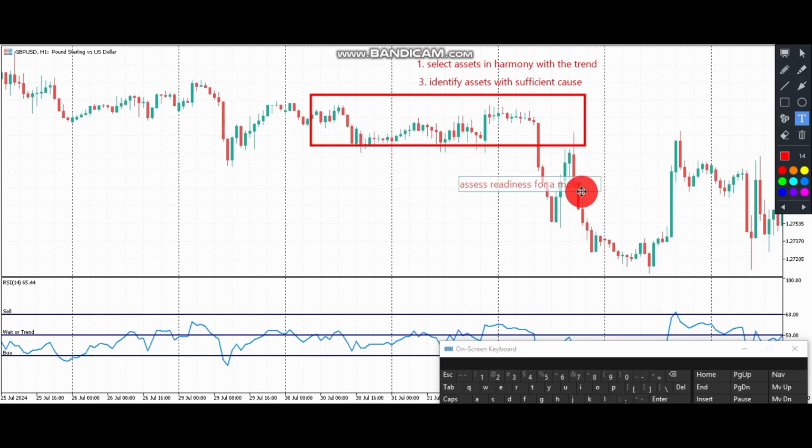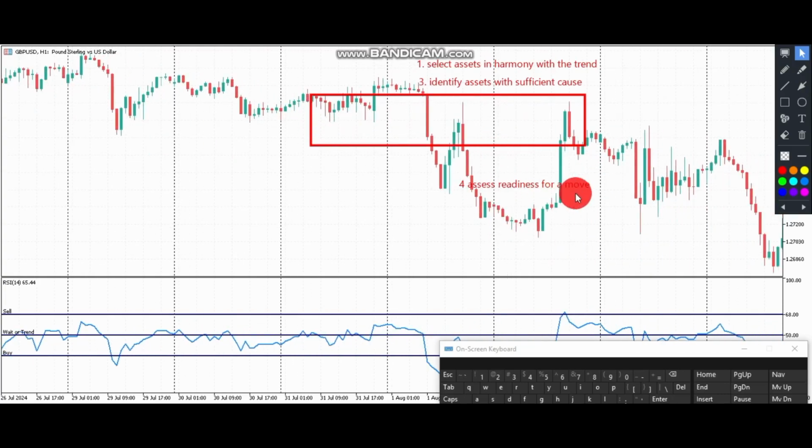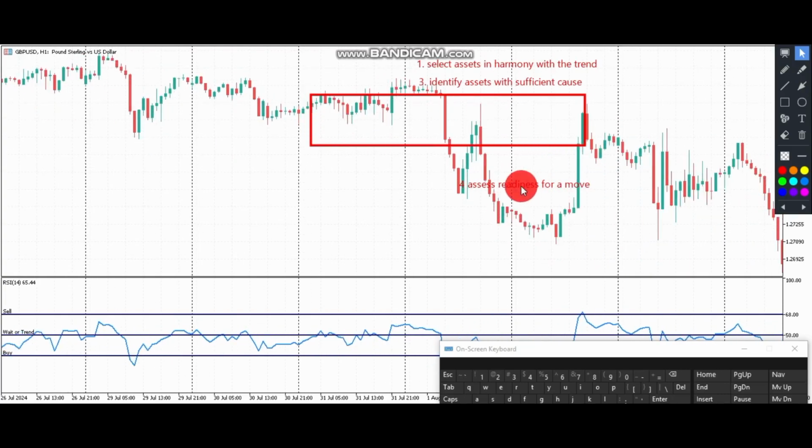It means that not all pairs are ready to move. So you need to assess readiness for a move. How can you assess readiness for a move?